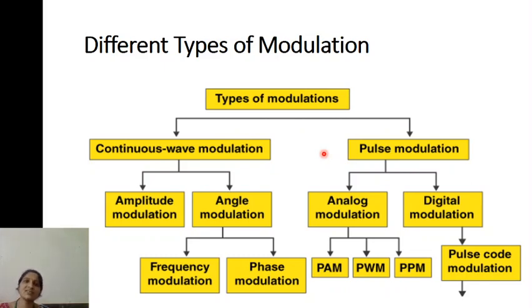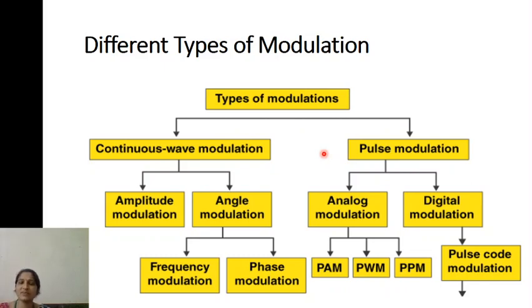That means you are using a sine wave or any signal which is continuously varying with respect to time. You can take rectangular also, but the signal should be varying with respect to time. Whereas in pulse modulation, you consider a train of pulses. The carrier wave is nothing but a train of pulses.